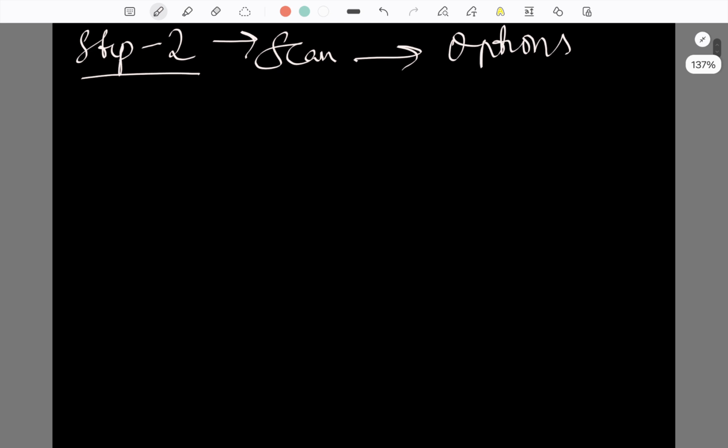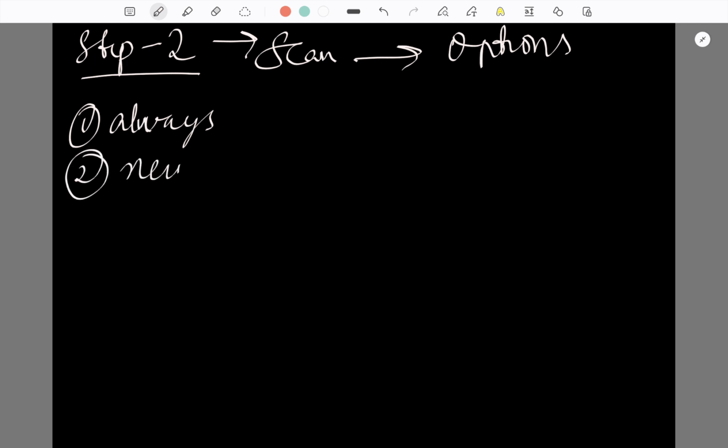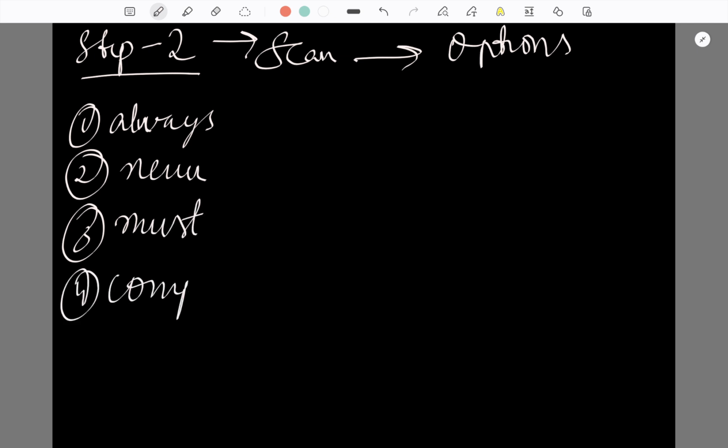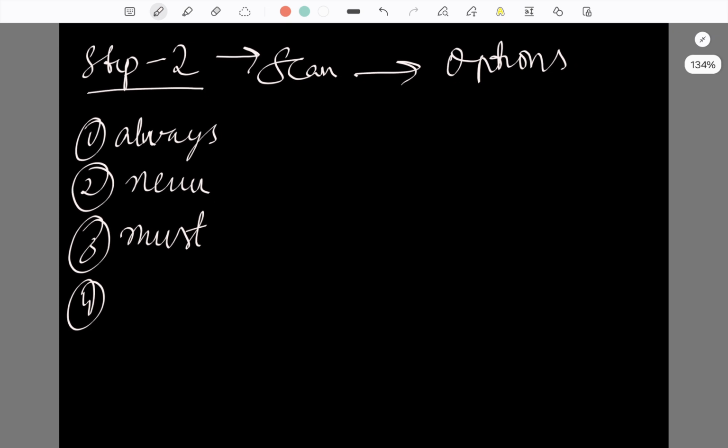Look for these words. First one, always. Second one, note it down please, never. Third one will be must. Fourth one will be completely.